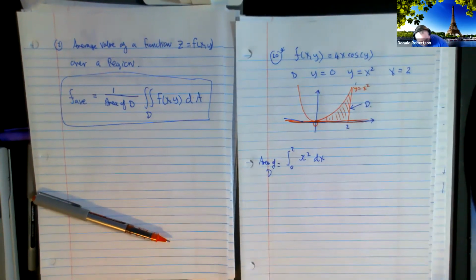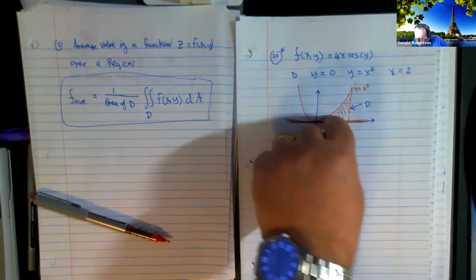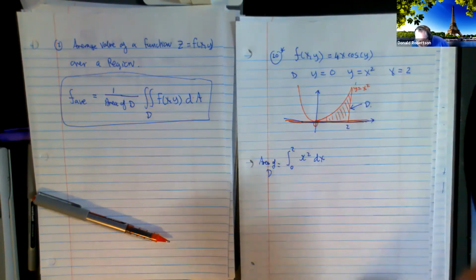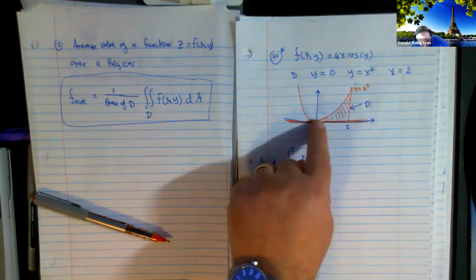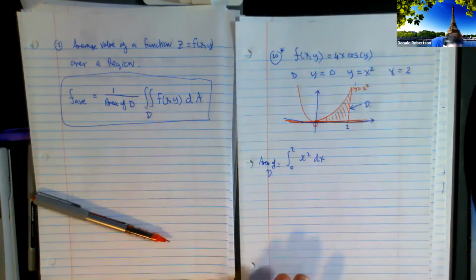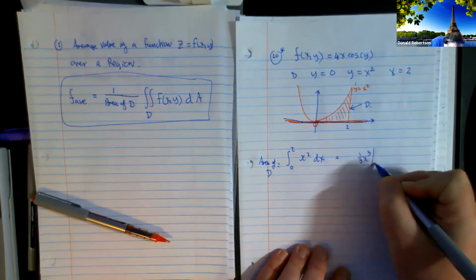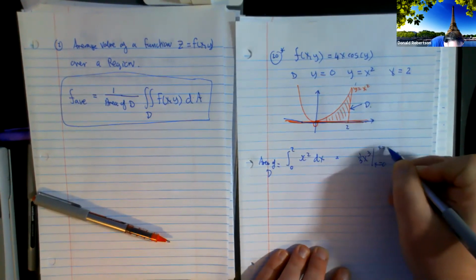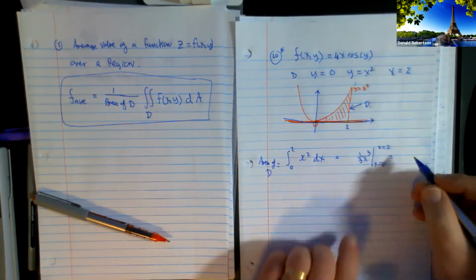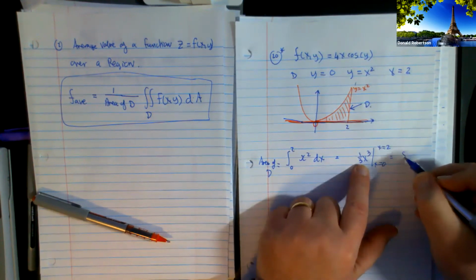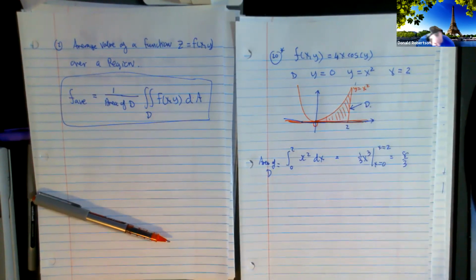You agree? The area of this region, a good old-fashioned Calc 2 area, is the integral from 0 to 2 of the function x squared, which is 8/3. So that wasn't too hard to get.